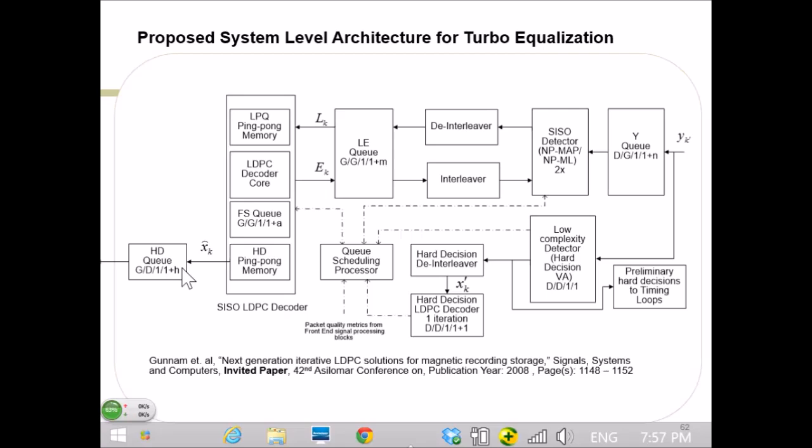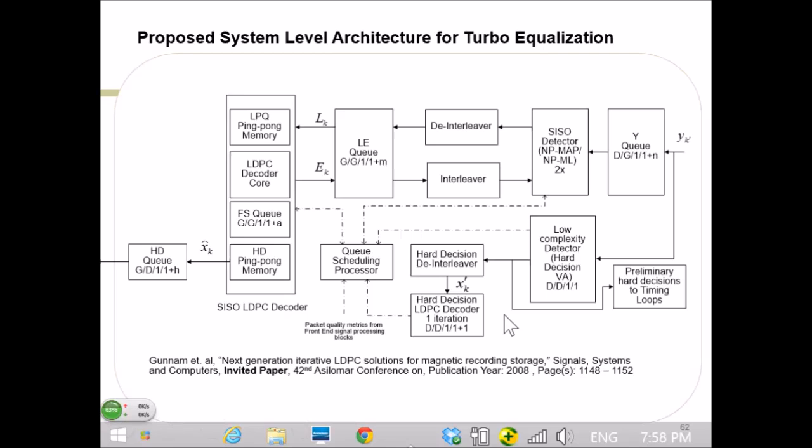The reason this helps is that here you need more bits to store the data, but in the hard decision queue you need only one bit for each because you have a hard decision. Here you have soft information, so these memories are more expensive. One simple idea is, if I'm getting 100 packets and I can process my best packets, in the sense that they have fewer errors, then I need less memory in this one. That is the underlying concept of the queuing here.